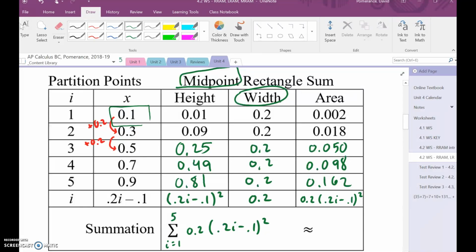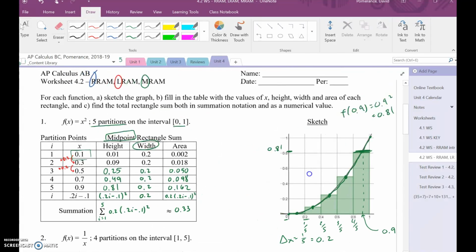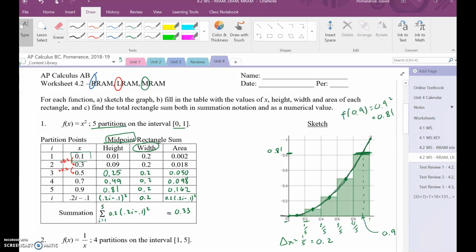In fact, if it were me, I would probably do both and make sure that I got the same answer each time, because if I didn't, then there's something wrong somewhere. So I'm typing this in as I talk, and I'm getting 0.33. So hopefully you got the same thing. And again, that's an approximate value of the area bounded by the curve and the x-axis from 0 to 1.